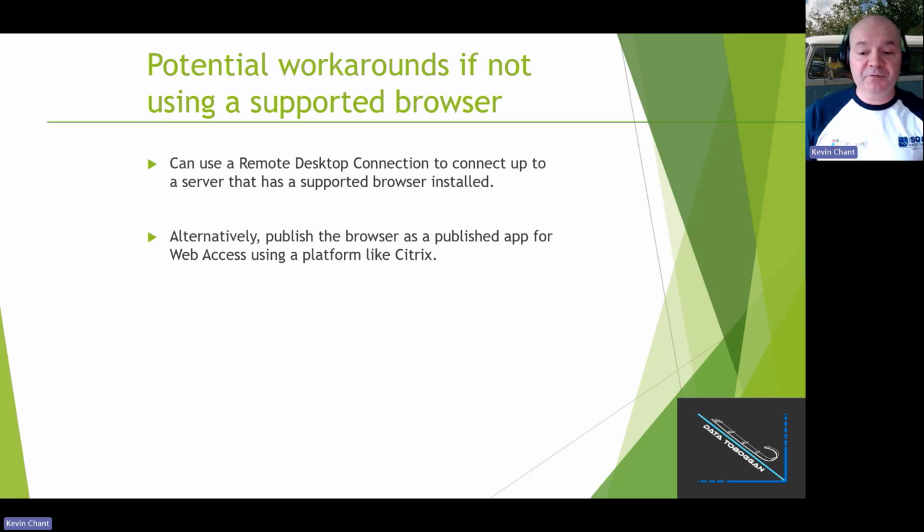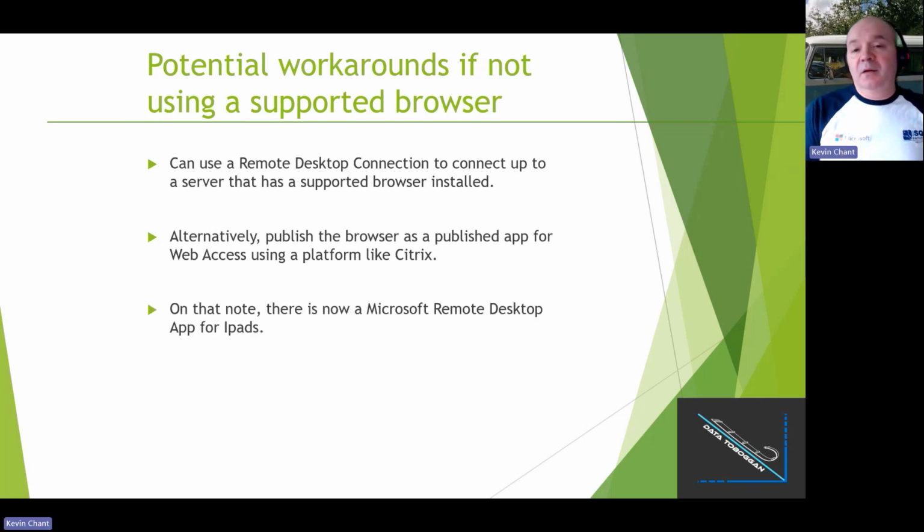So you can just go off to a site and then select the published application to open the browser up there. On a related note, there is a Microsoft Remote Desktop app available now for iPads. So obviously I came up with these workarounds mostly for people that are working with other devices like Apple's, etc.